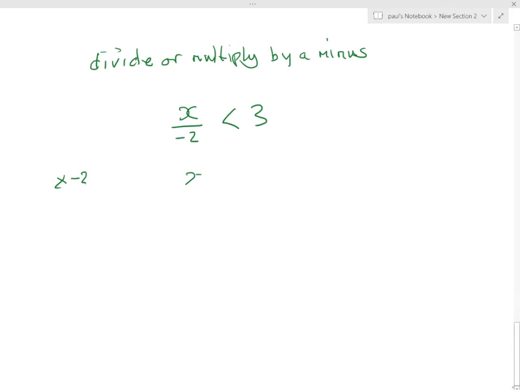So we'd have x, and 3 times minus 2 is minus 6. Now, because we have divided or multiplied by a minus, you flip the sign. You change the direction of the sign. That's all. So not the end of the world if you don't. You'll get half points, but remember, if you're going to multiply or divide by a minus number, then the sign changes direction.